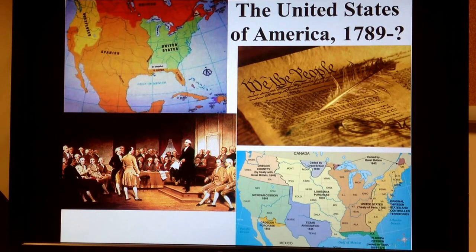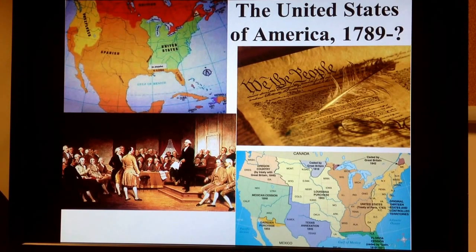They coerced Spain into giving up Florida. They stole Texas from Mexico, and then went to war with Mexico and took a whole bunch more of Mexico. So by 1850, the United States had taken on the borders that it currently has. That is the continental United States, not the overseas parts of the United States that currently exist.